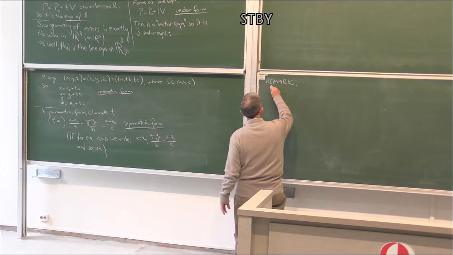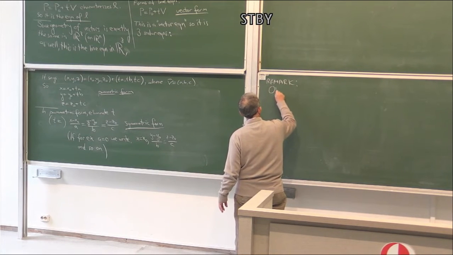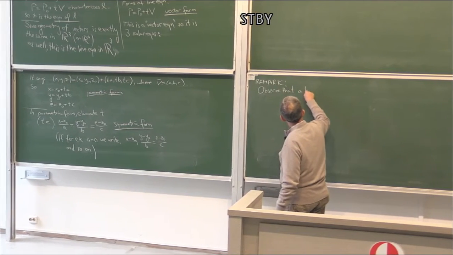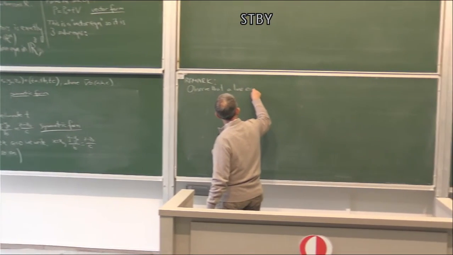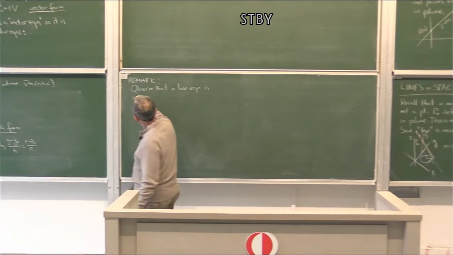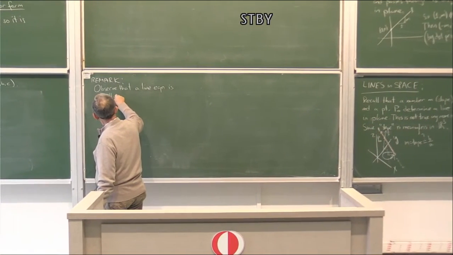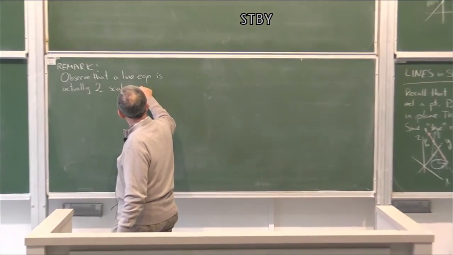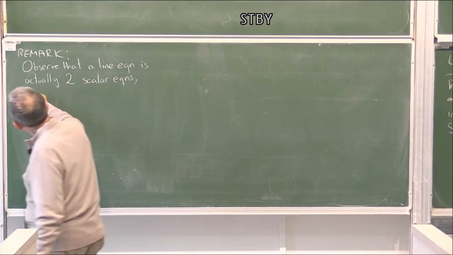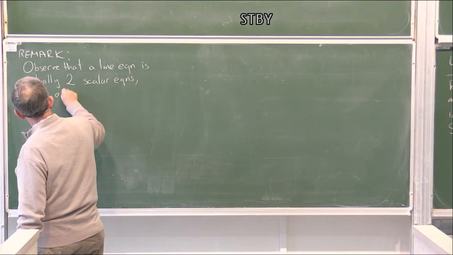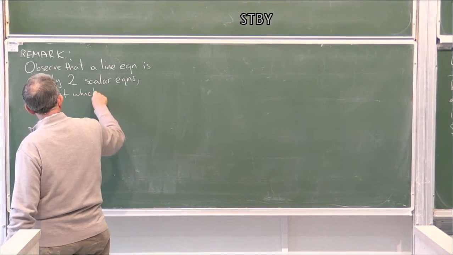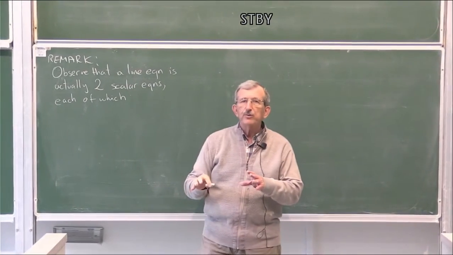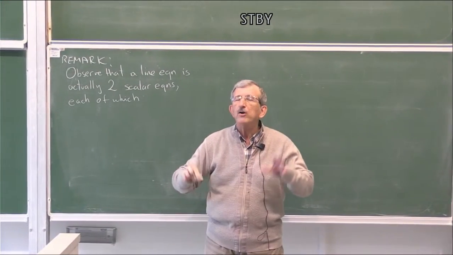So, observe that a line equation is actually two scalar equations, each of which, now looking at these equations, we see that we just have x, y, or z.